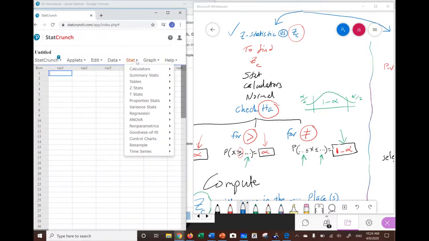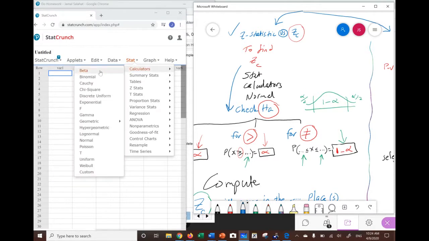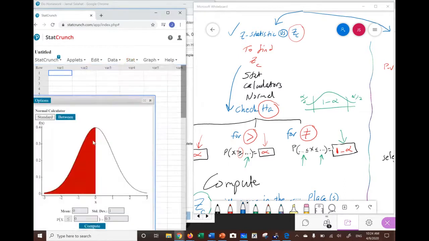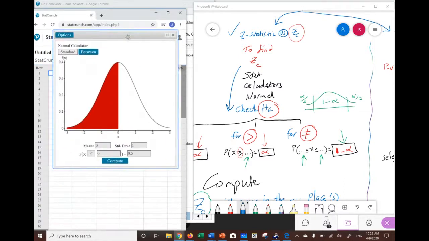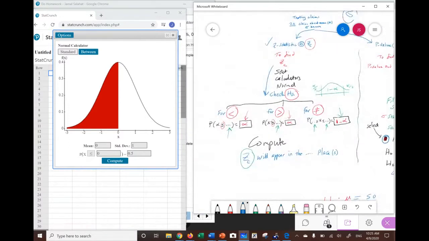To find the answer here, we're going to go to stat. And again, I'm following those methods. I'm going to go to stat, down to calculators, down to normal. And I'm going to stop for a second and ask myself this question. What do I have for HA?